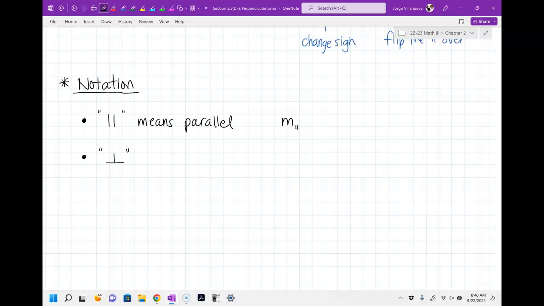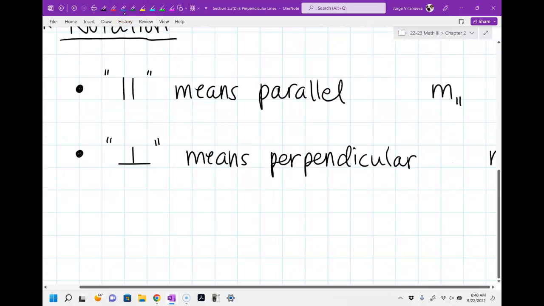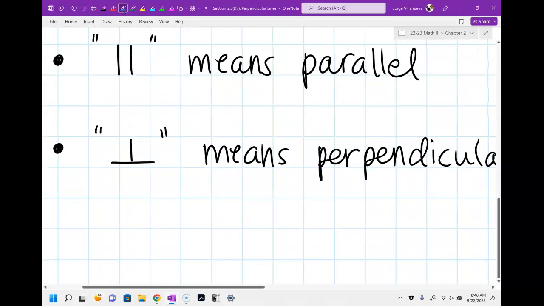This means perpendicular. And the reason why we use that as perpendicular is because, let me zoom in real quick, it's supposed to resemble a 90-degree angle, and perpendicular lines cross each other at perfect 90-degree angles. So we don't normally draw that little box there.